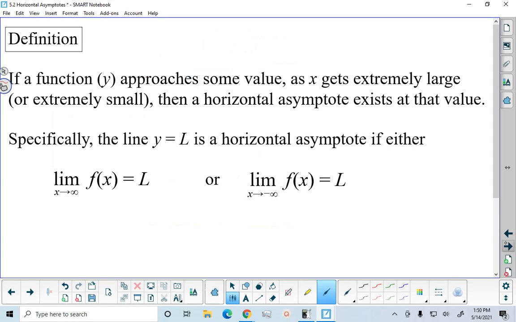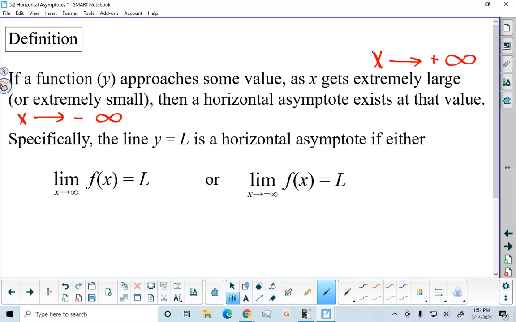To begin with, the definition of a horizontal asymptote is that if the function (and I put y in brackets in your notes here, because when we talk about a function, we're talking about the value of y on a graph) approaches some value as x gets extremely large, which means x is approaching infinity, or as x gets extremely small, and I'm using small in the purest mathematical sense here, meaning x is approaching negative infinity.